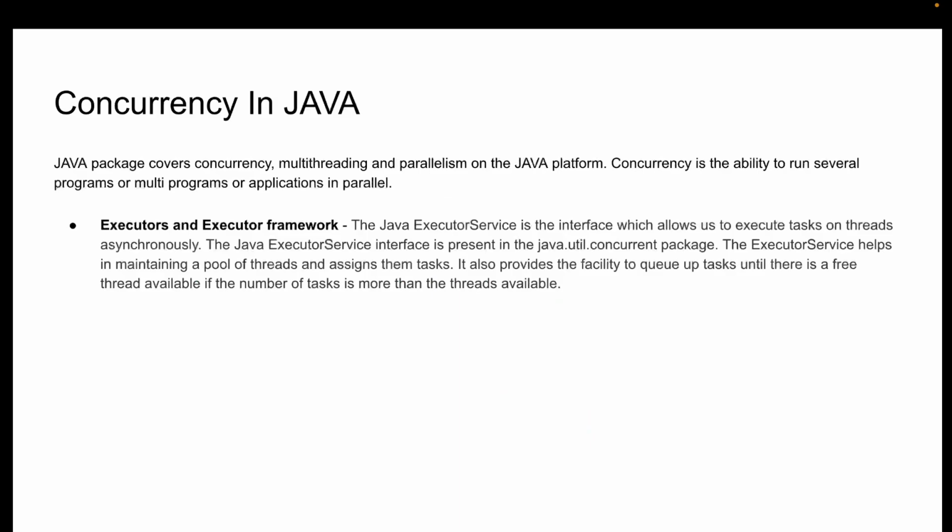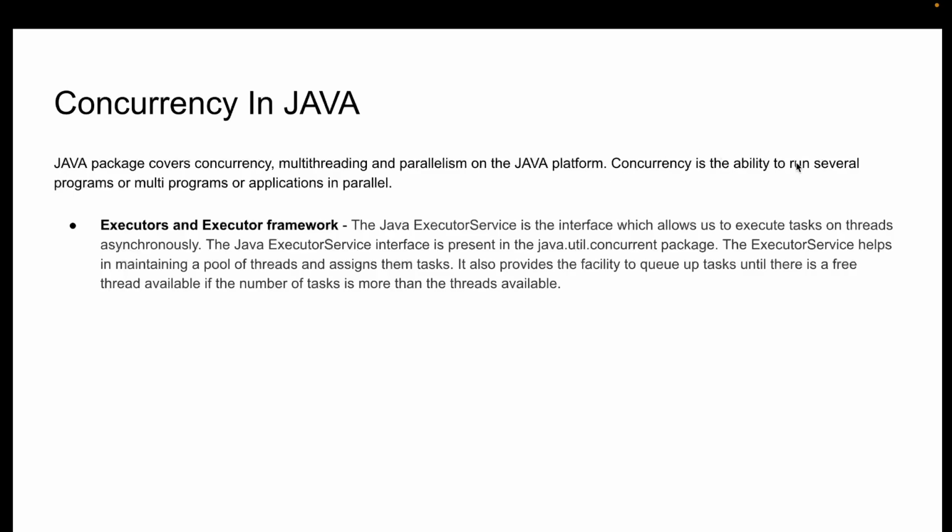Now let's go over another topic. This is about concurrency in Java. What does concurrency mean? Concurrency basically means parallelism, a lot of work going on at a time. The Java package covers concurrency, multi-threading and parallelism on the Java platform.